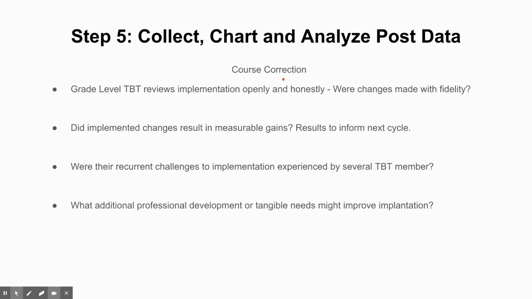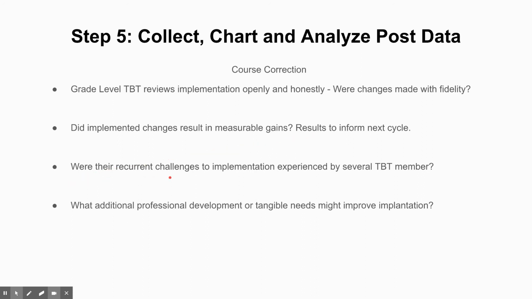If you get the data and it hasn't done what you wanted it to do, or if it has, we're going to require reviewing our implementation openly and honestly. Were the changes made with fidelity? Did these changes result in any measurable gains? If so, or if not, those results can inform the next cycle.